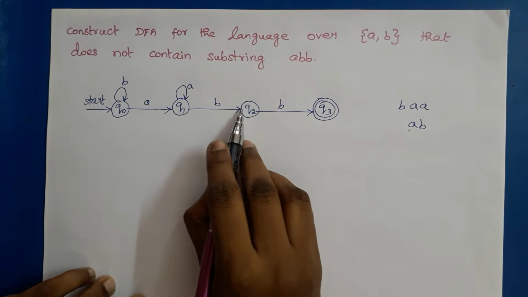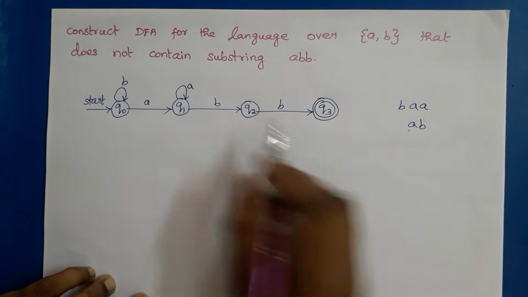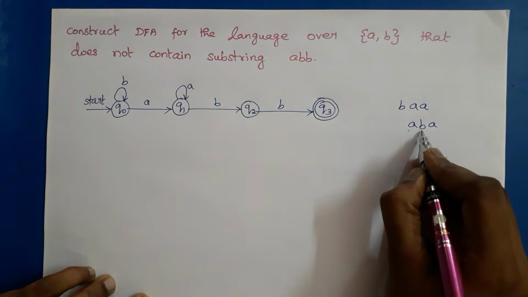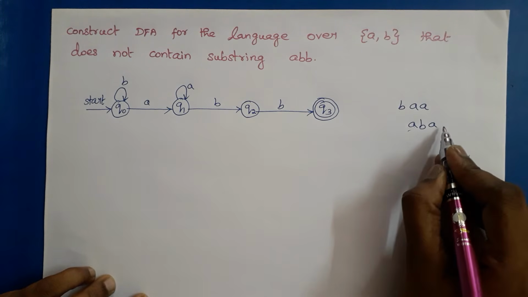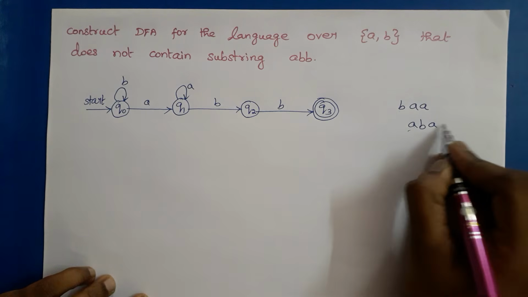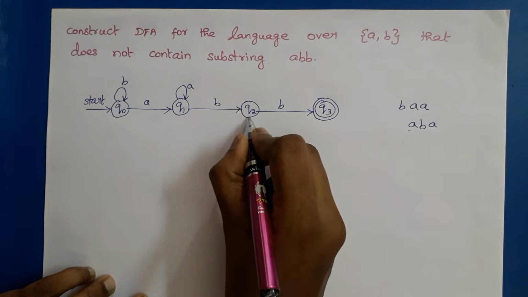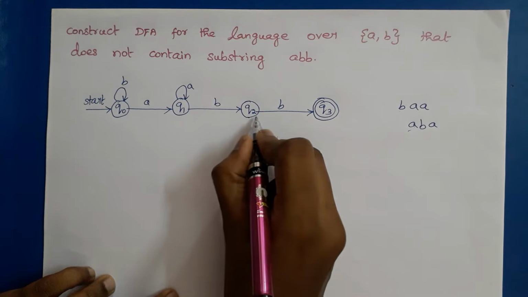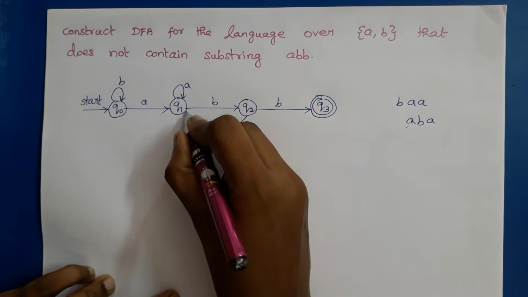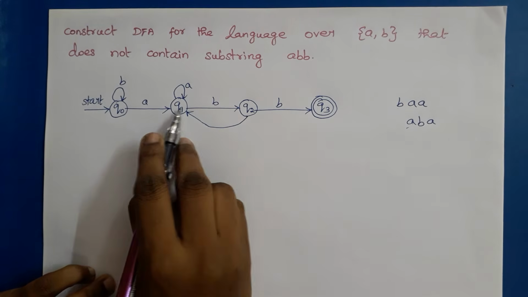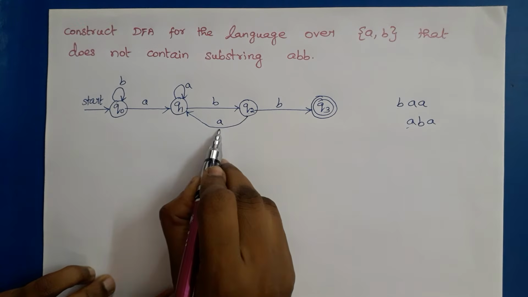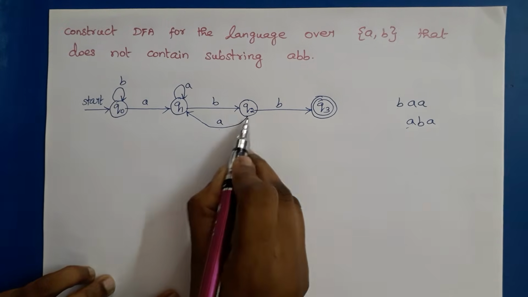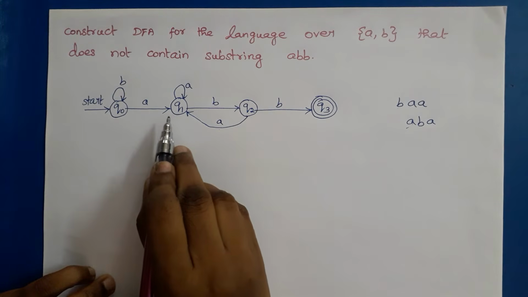But if the input is A after recognizing AB, we still need two B's to reach the final state. So in Q2, if A is the input, then it goes to the previous state Q1.